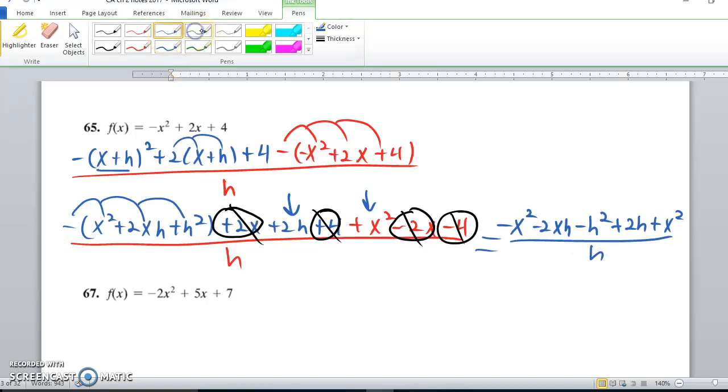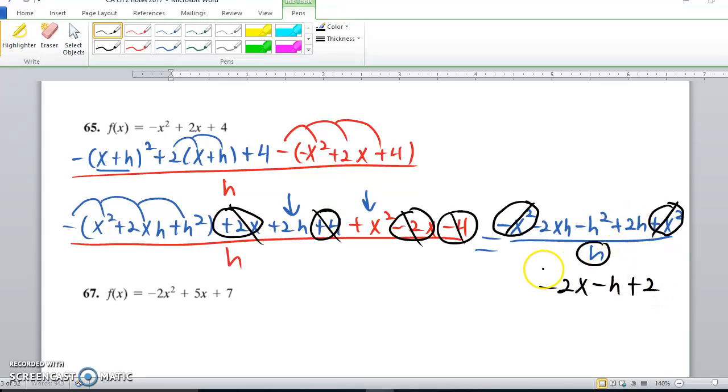And then we're going to see some stuff cancel out here, the negative x squared and the plus x squared. What's left behind is these three terms, and they're all divisible by h. So our final result is going to be negative 2x minus h, and then plus 2.